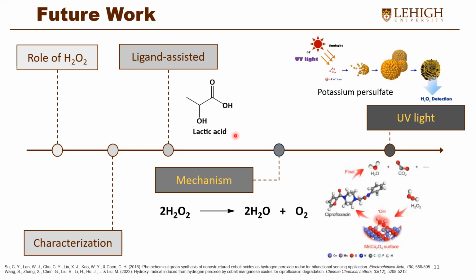So, is it also possible to work in cobalt oxide? Or we can try other ligands. The ligands will change the hydrolysis product and the condensation part. So the final morphology will be different.